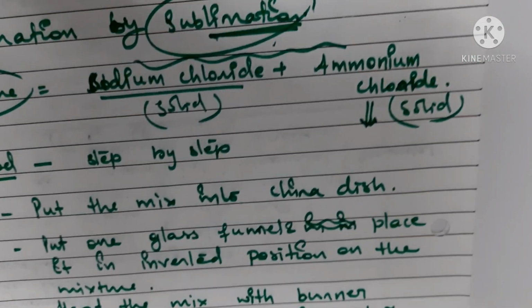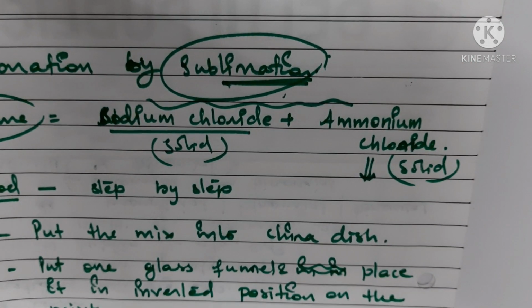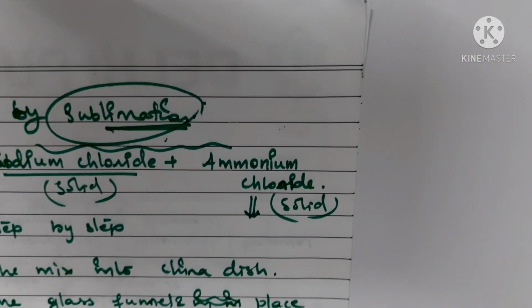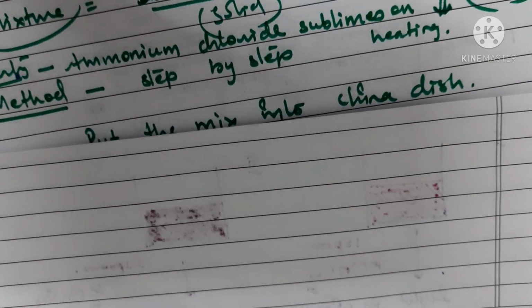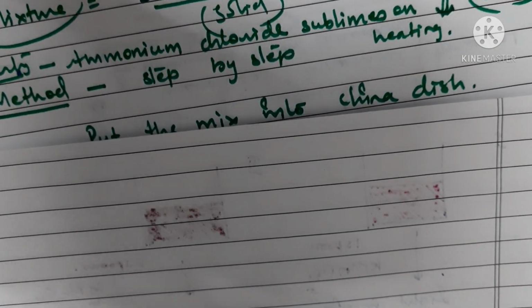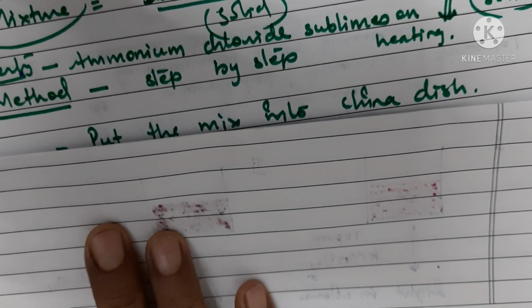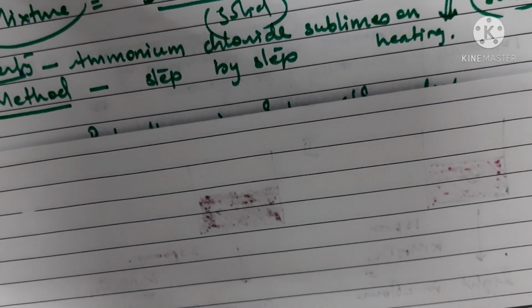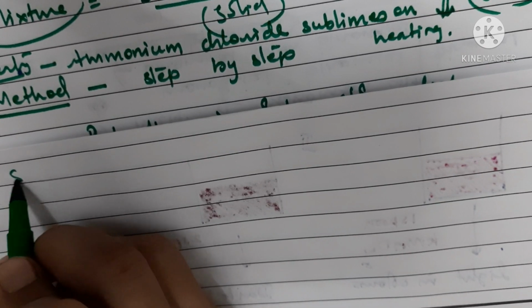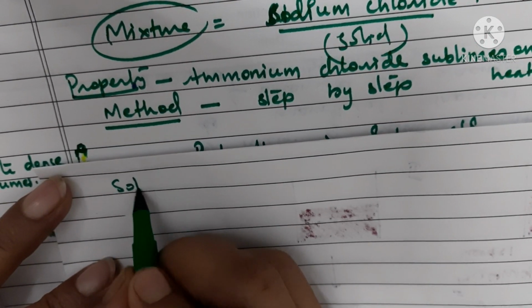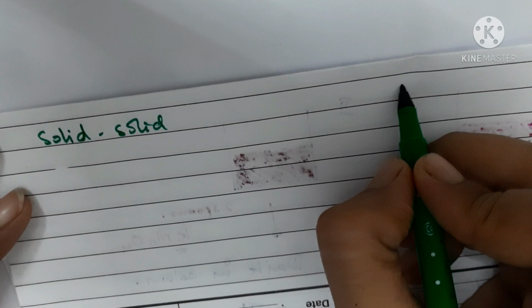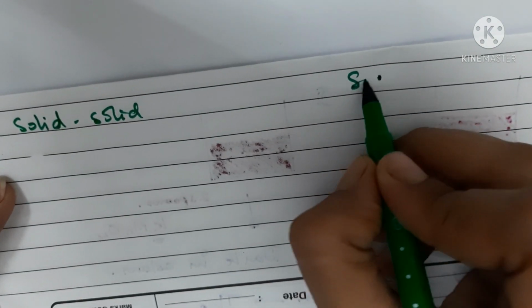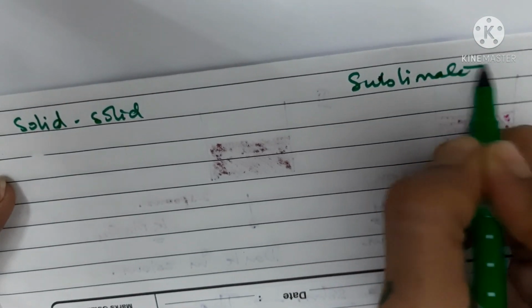Now let us write some of the components which can sublime. If you are having a solid mixture, where one of the components can sublime, I am giving you some examples.